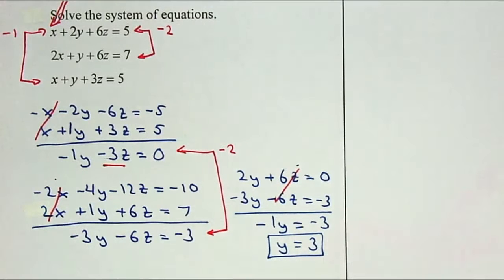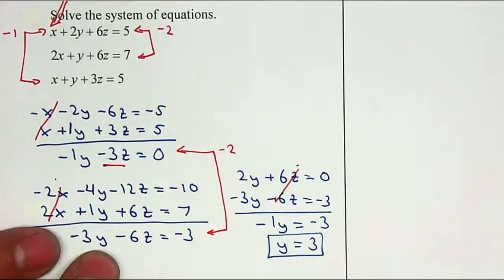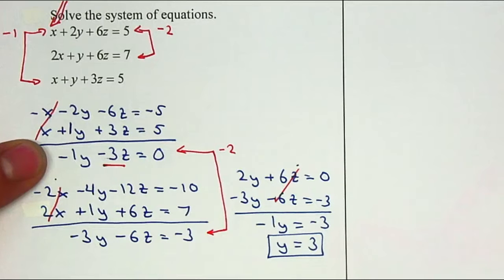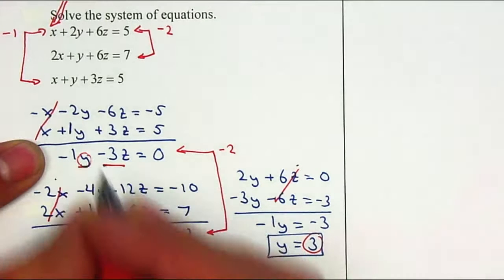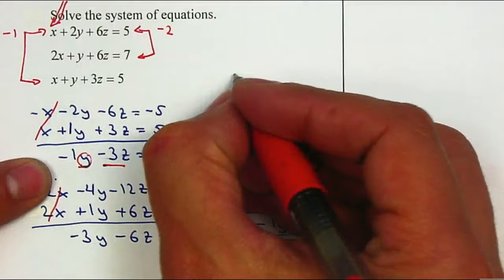Now that I found my y value, I need to go back one step and plug it in. So you can decide to plug into the first or second equation. I think the first one looks a little bit easier to solve for. So if I plug in the y in here, that will give me my z. So let's go and find z.